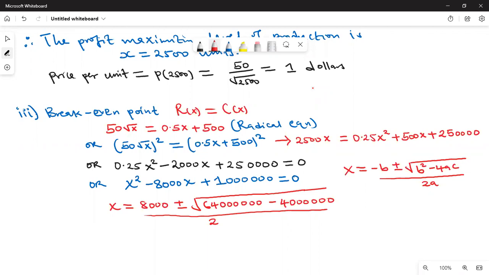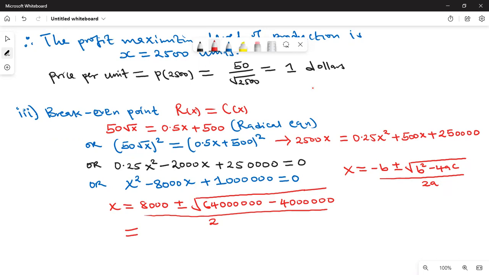Of course, the result will be a decimal. Because this x means the number of units produced, we can round that to the nearest whole number.